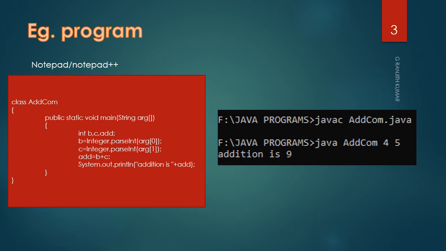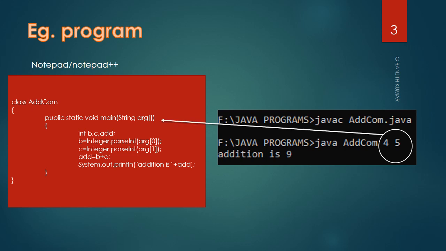After that you enter the input values you want to pass to the program. This is addition of two numbers, that's why here I am sending two values, 4 space 5, and these two are input values we are passing to the Java program, 4 and 5. But these will not be directly considered as integers.